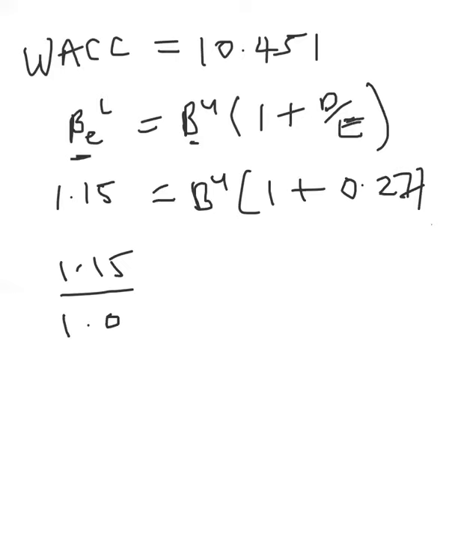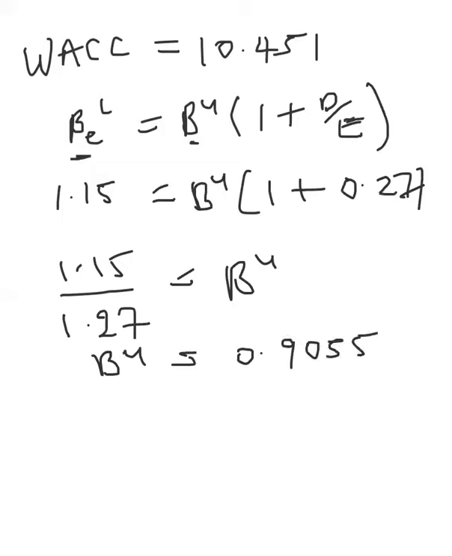That is 1.27 equals to beta of unlevered firm, that is 100% equity. 1.15 divided by 1.27 gives me 0.9055. So beta of unlevered firm is equal to 0.9055.